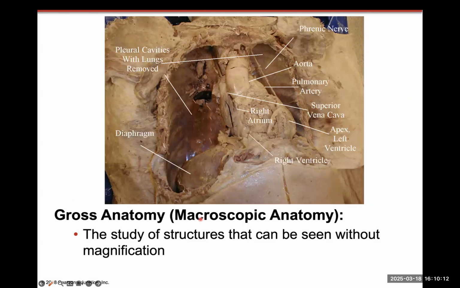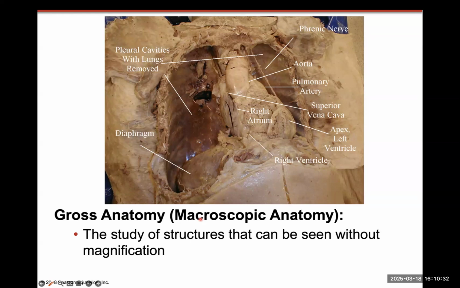And on the other hand, things that you can dissect are going to be at the gross level. Again, if you were to Google the word gross, you are going to get maybe a different definition than what you would get with the biology dictionary. It might have a different meaning compared to the meaning that we use here in anatomy.